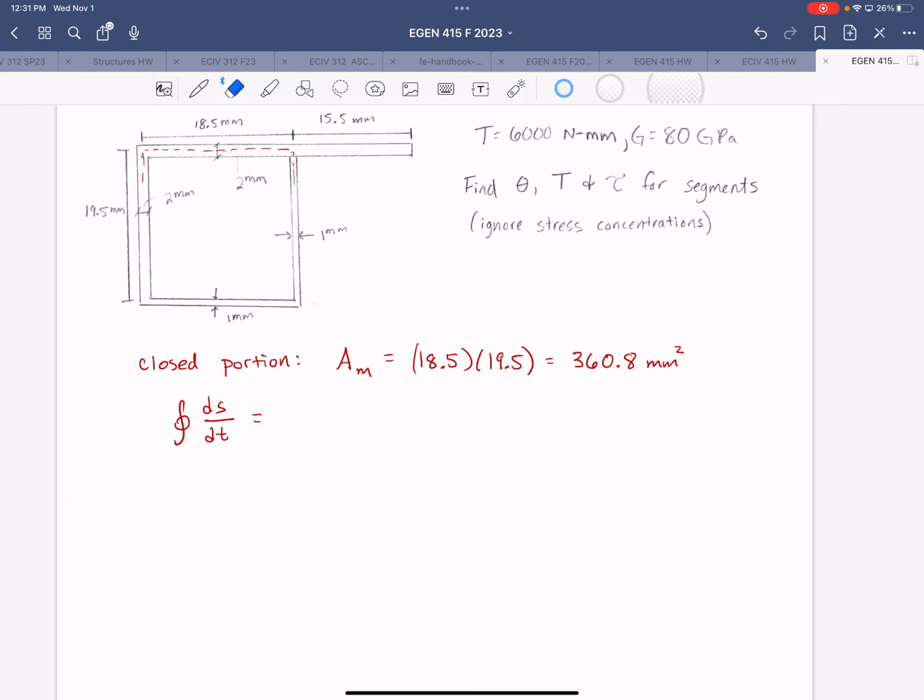So we have, starting at the top and going around counterclockwise, 18.5 over 2, plus 19.5 over 2, plus 18.5 over 1, plus 19.5 over 1. That amounts to 57.0. Oh, and that's actually unitless.